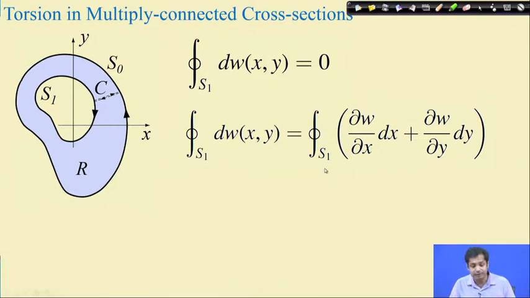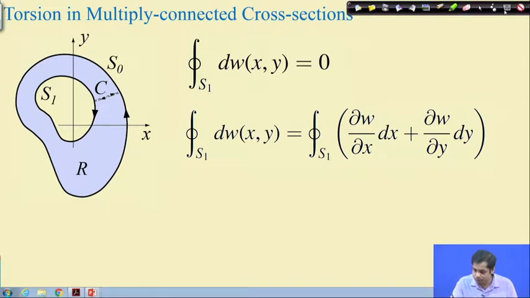That is why the integration is over S1 only. Then we will see, if we have several such loops, what would be the necessary modification. Okay. So, this is the condition we have, this has to be equal to 0. This has to be equal to 0, right.